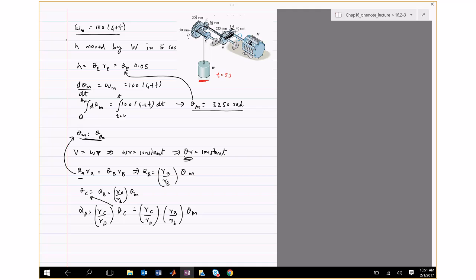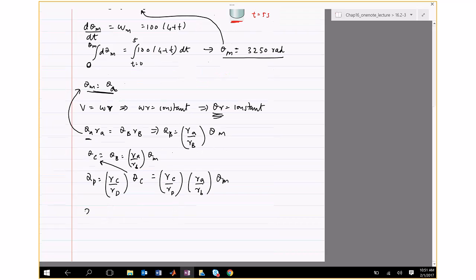So theta E equals theta D equals RC divided by RD times RA divided by RB times theta M.